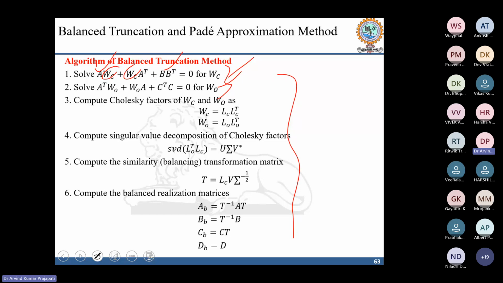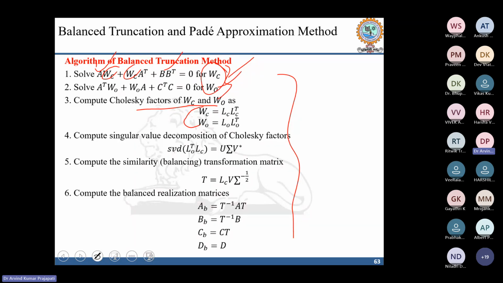After calculating the controllability and observability gramians, you have to use the Cholesky factorization for converting these matrices into lower triangular matrices. Is it possible to convert these matrices into lower triangular matrices? Yes, it is possible if both the controllability and observability gramians are symmetric positive definite matrices.